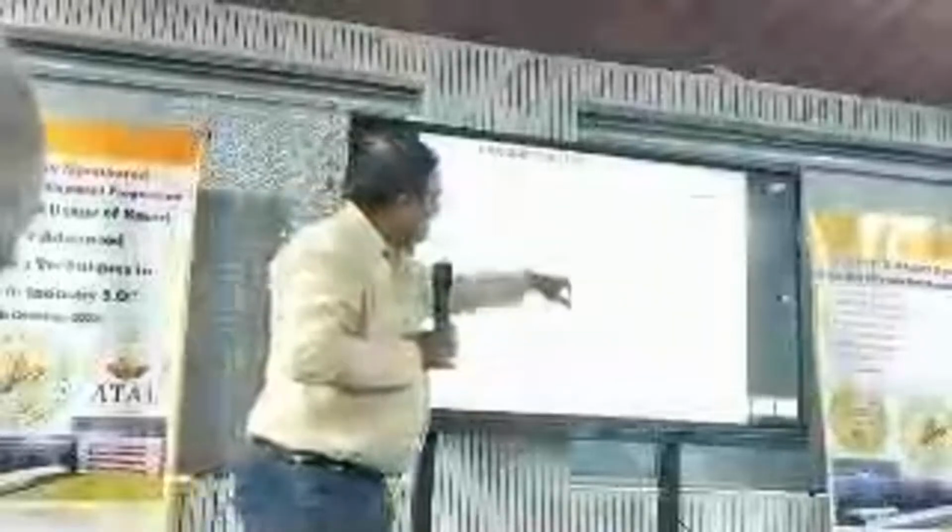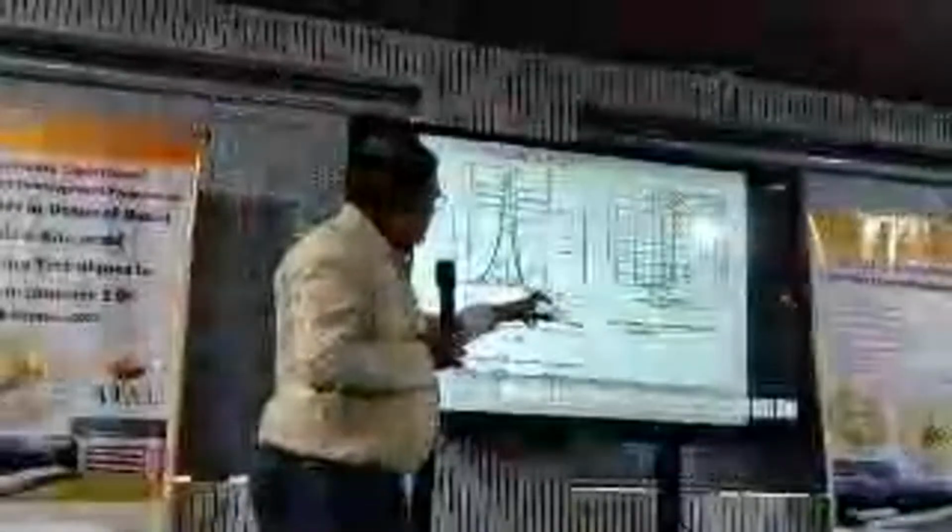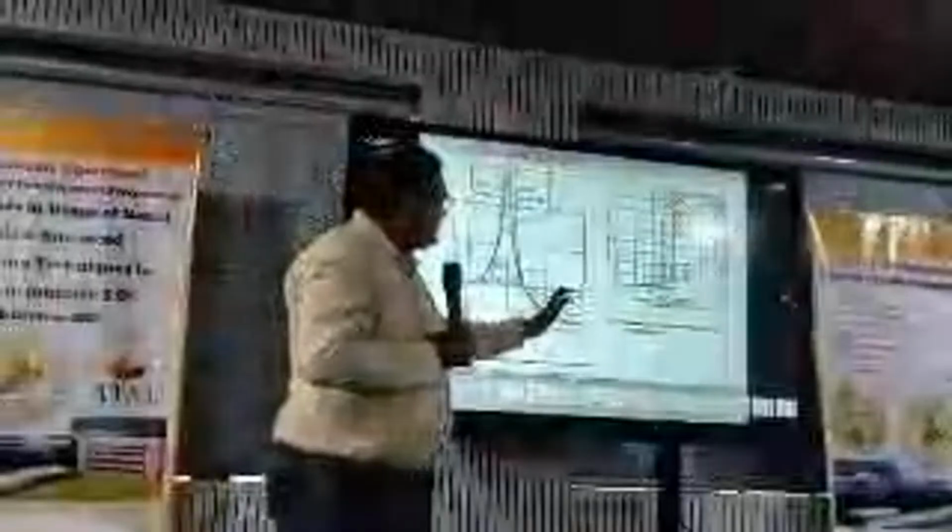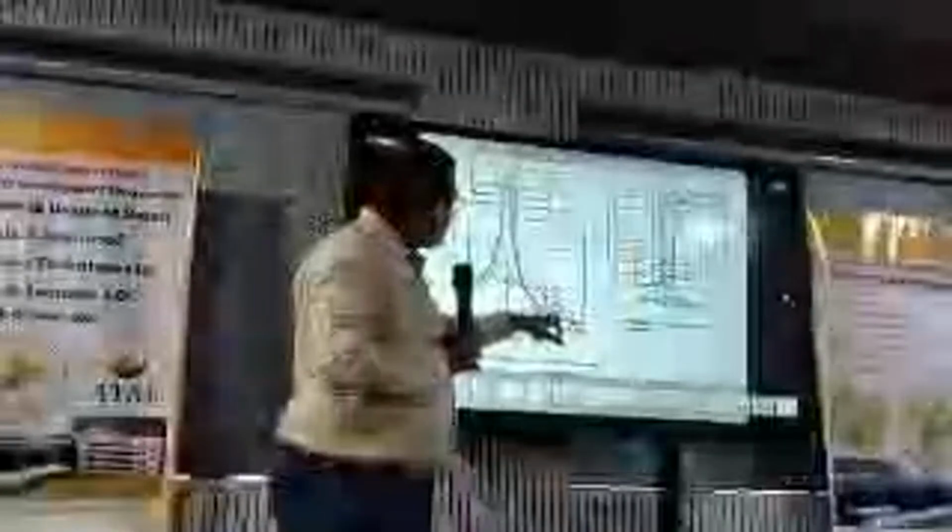Finally, we have to concentrate on this area. If you want to design any equipment, you have to concentrate on omega root 2. If you design in this area, the amplitudes are minimized. This is the input amplitude, this is the output level.